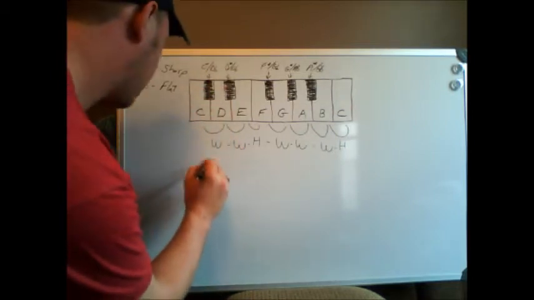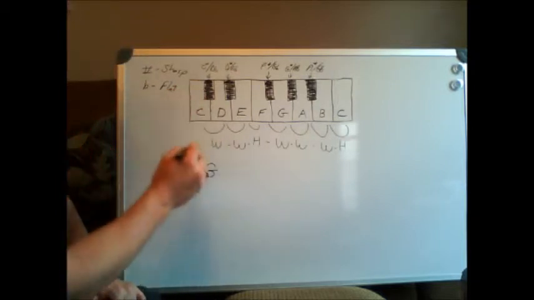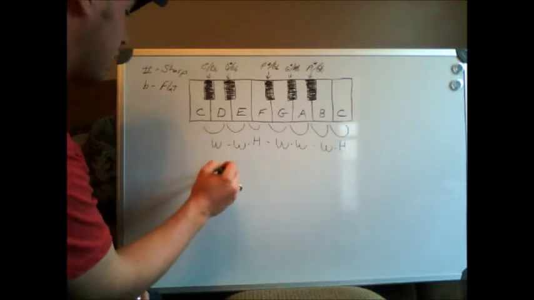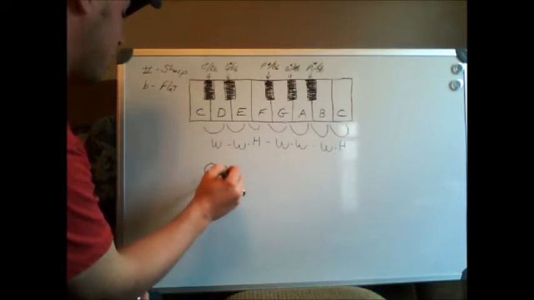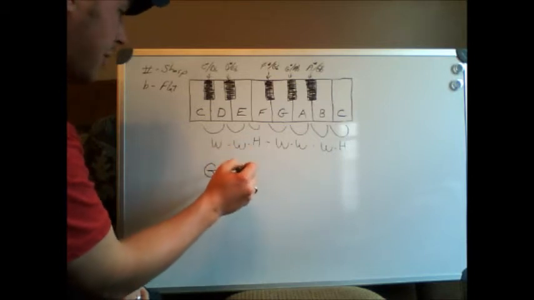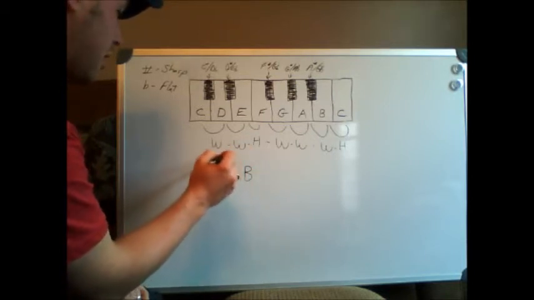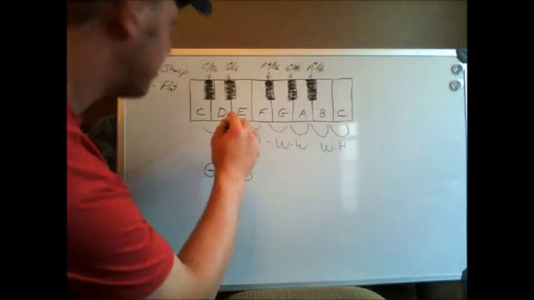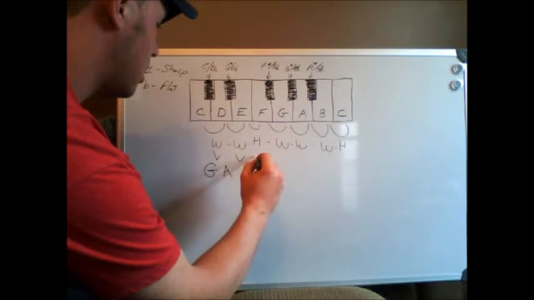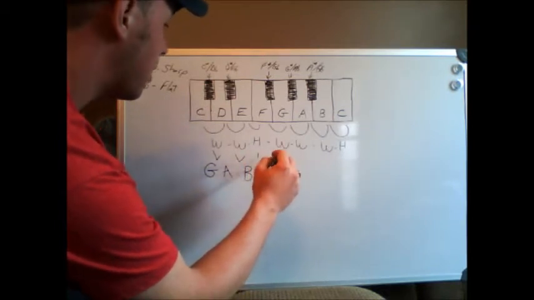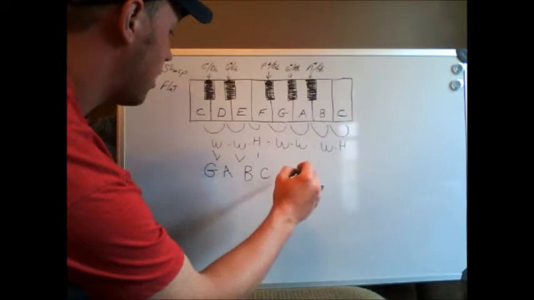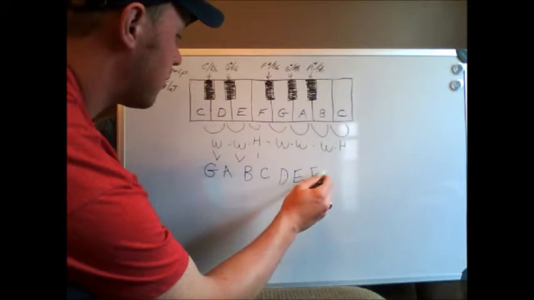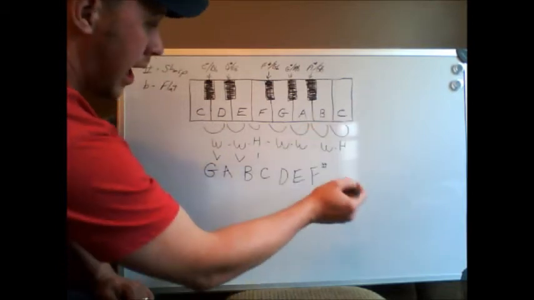So we've got our G. We'll go a whole step, which will be A. Another whole step, which will be B. A half step from B to C. Then another whole step, which is the D. Another whole step, which is an E. Another whole step, which is the F sharp, as we discussed in the last video. And then a half step brings you back to your G.